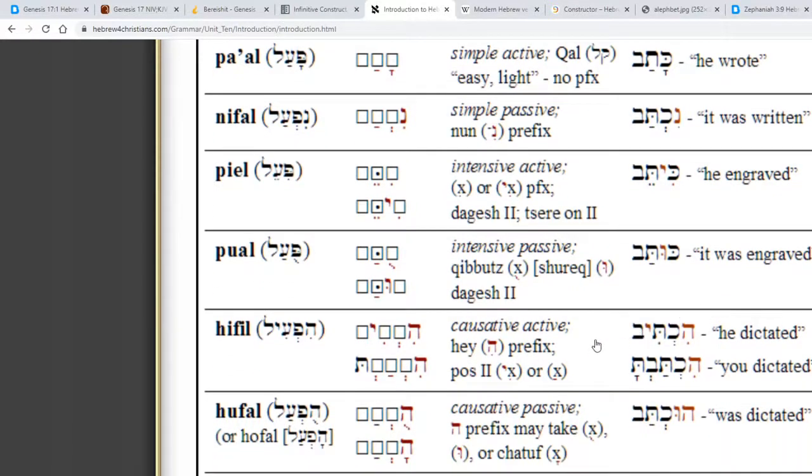Then there's the causative, which means to make somebody else do something. So hichtiv is the active causative. If I dictate to somebody and make them write, I'm causing them to write. So that's the causative active, hichtiv, the hif'il. Then there's the hufal or hofal, huchtav, the causative passive, was dictated.